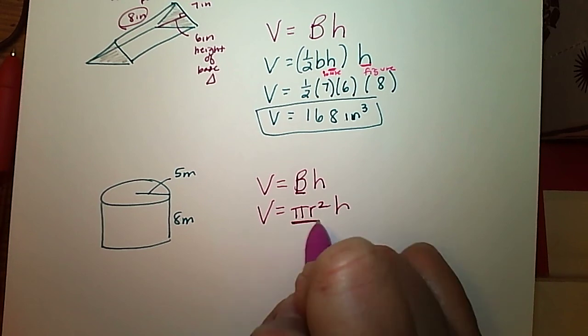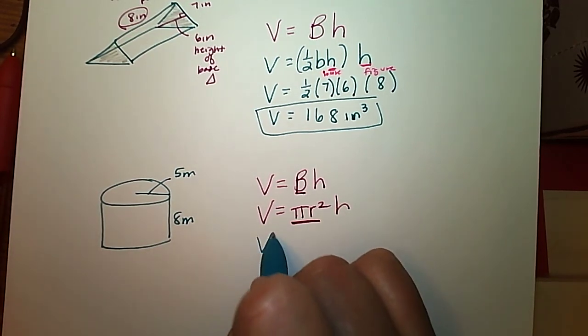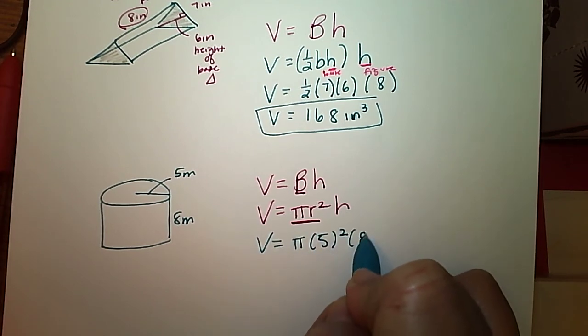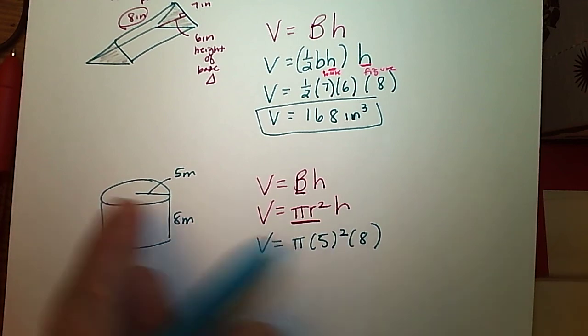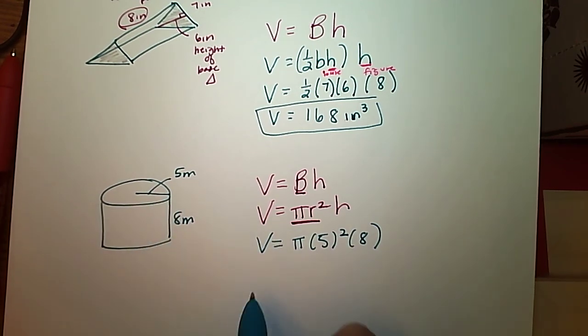Again, circle, circle. That's all it is. So now my volume equals pi times my radius squared times my height. And remember, if the line's halfway across, it's indicating a radius. If it's all the way across, it's indicating a diameter.